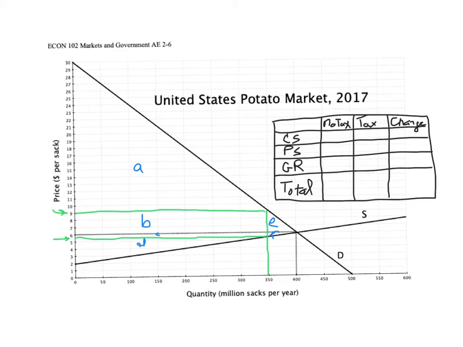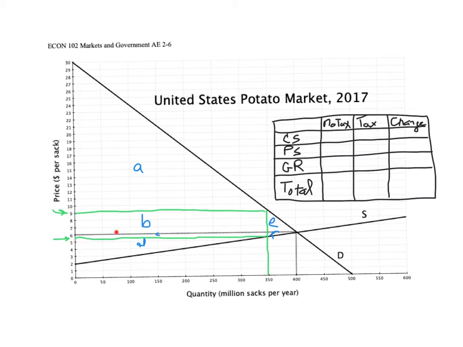All right, without the tax, notice that the value to consumers of each successive sack of potatoes is given by the demand curve. Without the tax, price is 6. The dot is not going where the end of my stylus is.